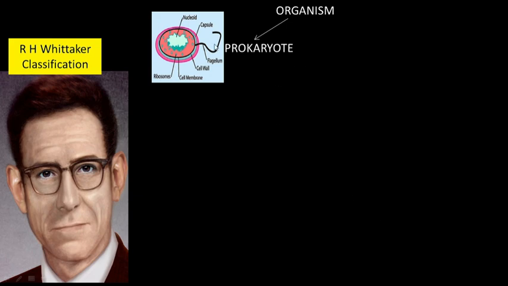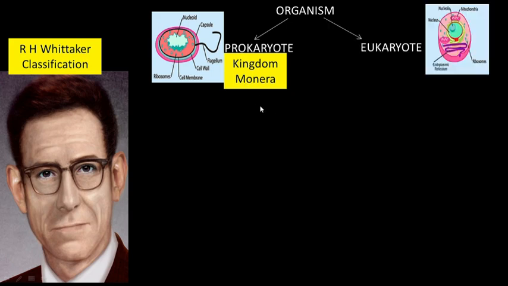Prokaryotes means those which lack a proper nucleus, but they do have a cell wall. This is Kingdom Monera. The second kind of organisms include those which have a proper nucleus, that means the nucleus has a nuclear membrane in it, and these organisms are part of the eukaryotic system.